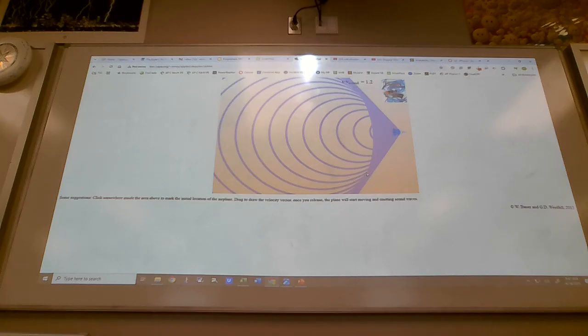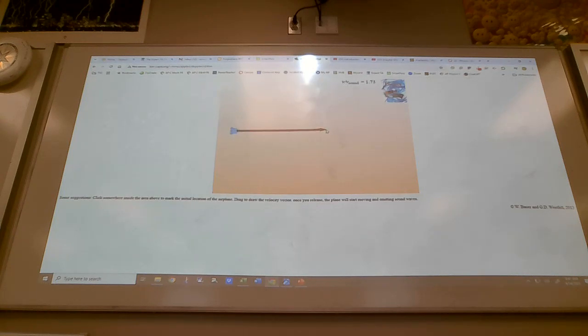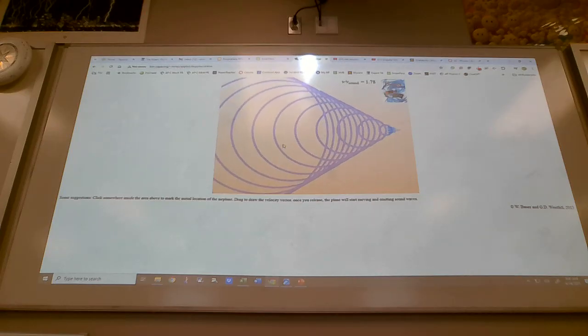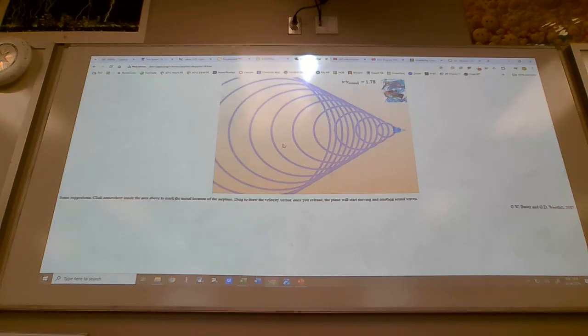Okay. Now, if we applied this to sound waves, this wave would be this constructive interference. This is sonic boom. Okay. As you go faster, the wake becomes more narrow, which you can probably, if you've been on a boat, recall that.